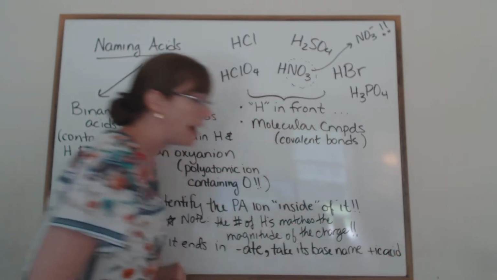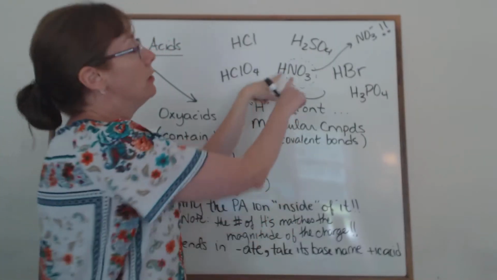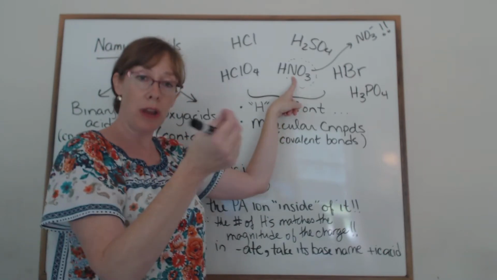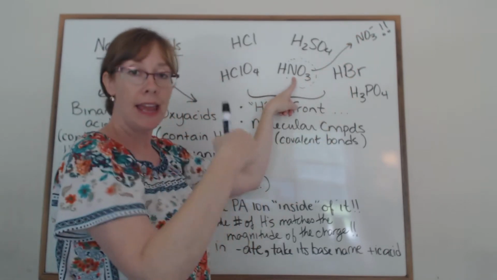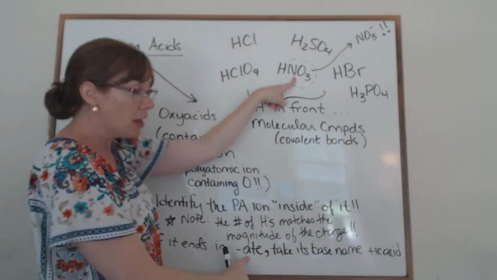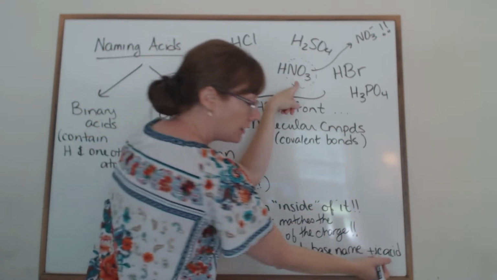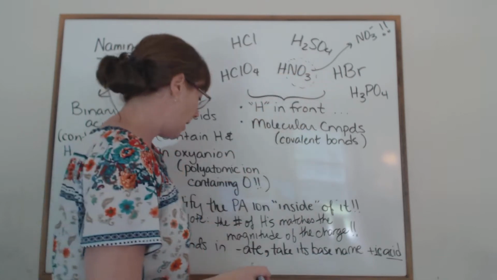And that's the name of the acid. So for instance, let's do this one here. It contains nitrate. This is nitrate, not nitrite, nitrate. That ends in ate, so we're just going to call this nitric acid. So you see we use ic acid as the name, nitric acid.